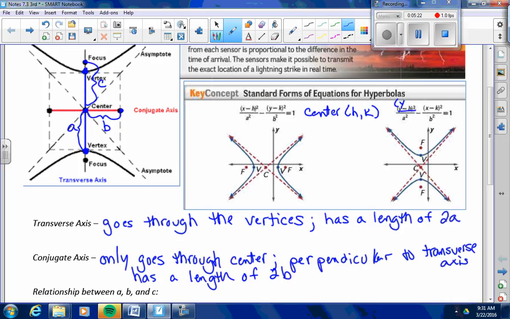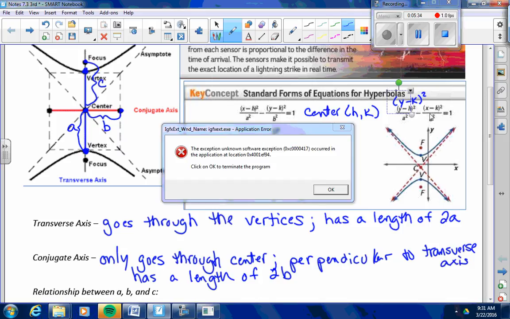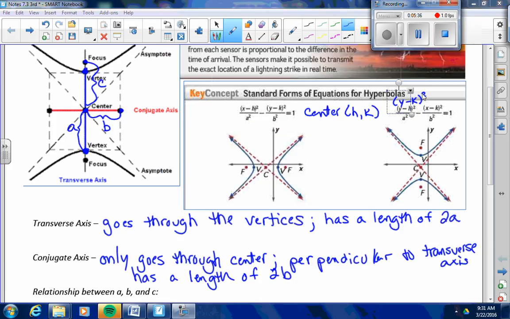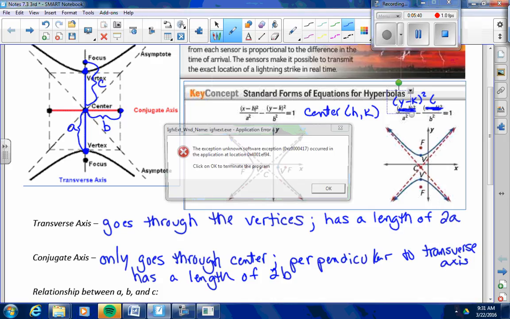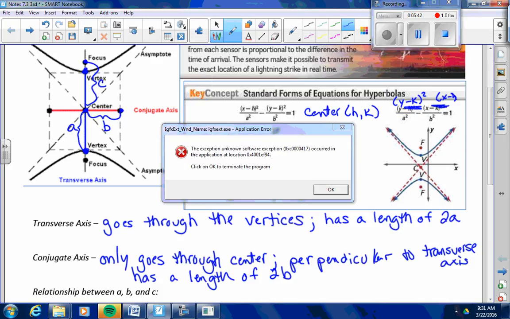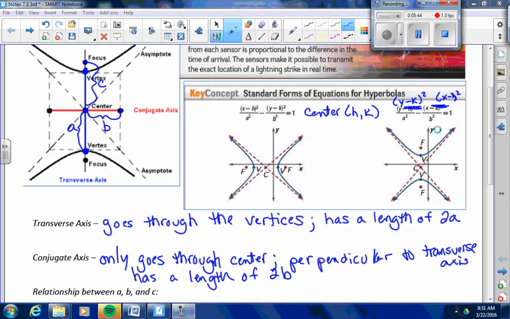That should be y minus k squared over a squared minus x minus h squared over b squared equals 1.